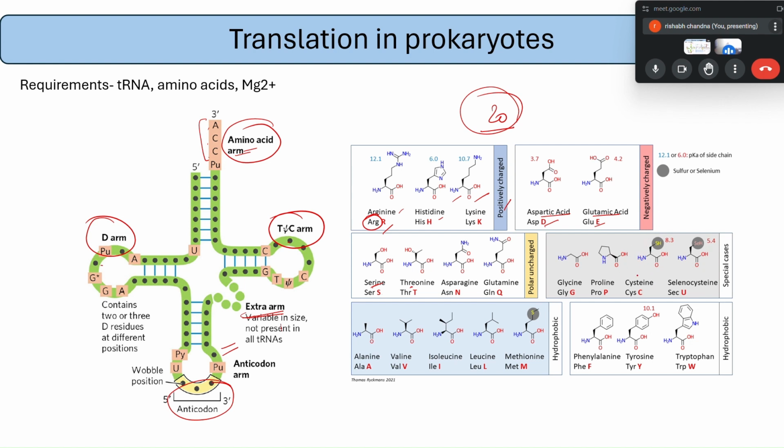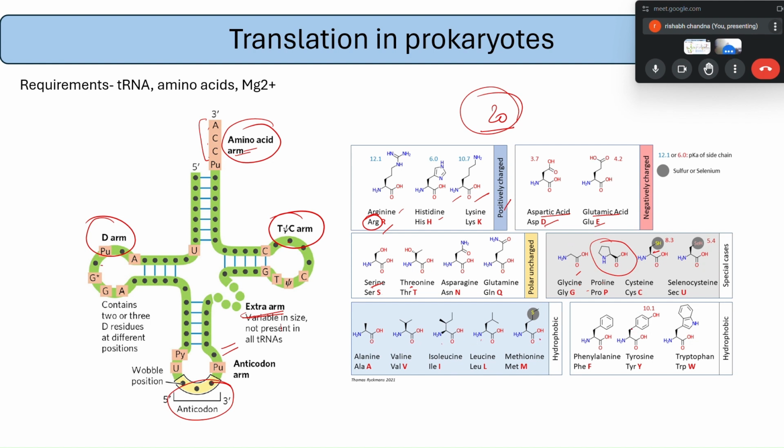Followed by amino acids that do not have any side group, that is glycine. Proline has an imine group, and then cysteine and selenocysteine. Cysteine has an SH group, and selenocysteine has selenium instead of the sulfur. So this is G, P, C, and U, followed by the hydrophobic amino acids, that is alanine, valine, isoleucine, leucine, and methionine.